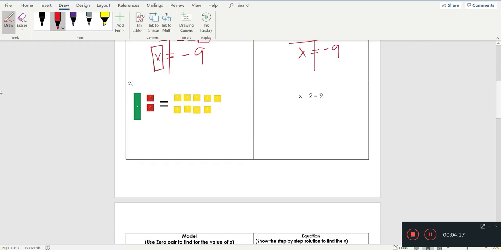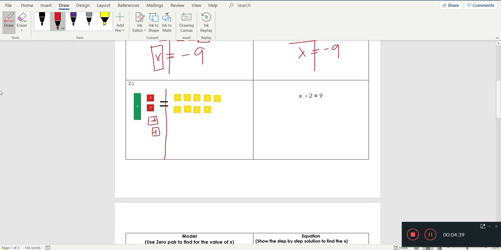Next, number 2. The equation we have is x minus 2 equals 9. Which one are you going to get rid of? Awesome, it's the negative 2. So what we're going to do is add a positive number. So positive 1, positive 1.